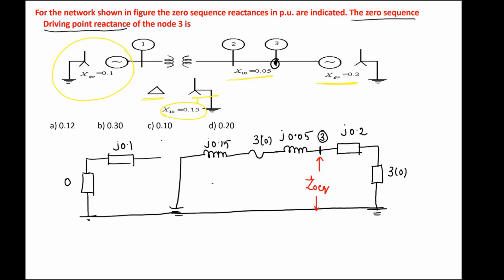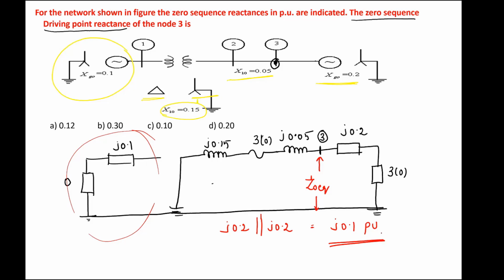Here we need not consider this portion because it is open. So this is one parallel path and this is one more parallel path. So it will become j0.2 per unit in parallel with j0.2, which will become j0.1 per unit, the equivalent zero sequence Thevenin's impedance.